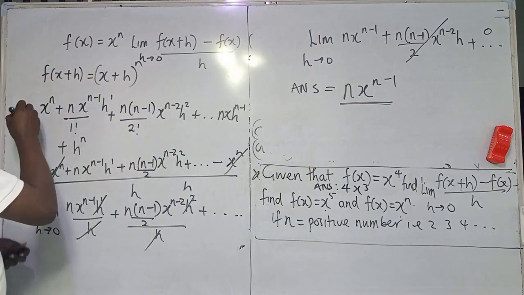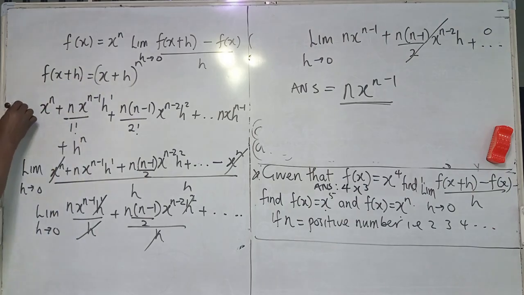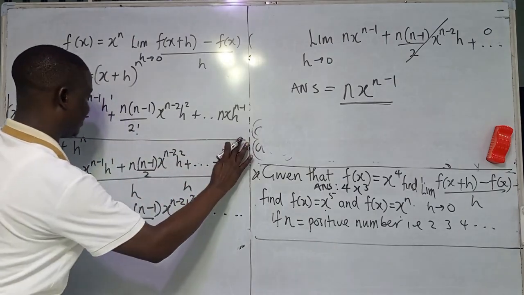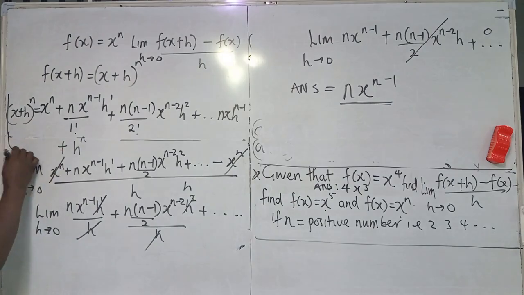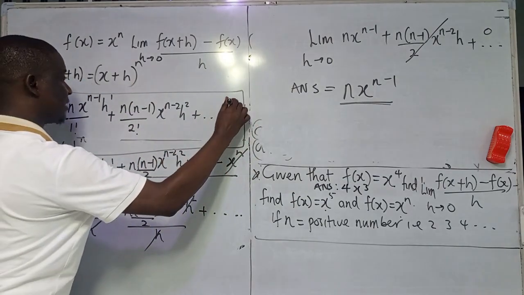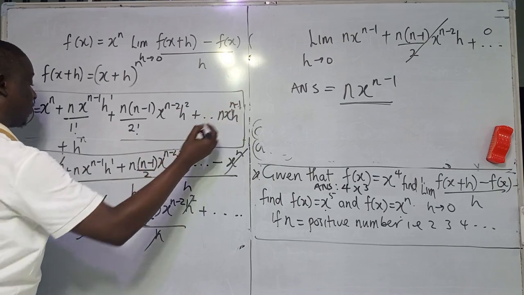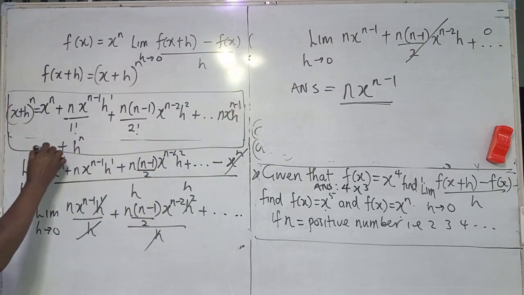But take note, the expansion of x plus h all raised to the power n is this one. Don't forget, it goes down to this. That is the expansion of that.